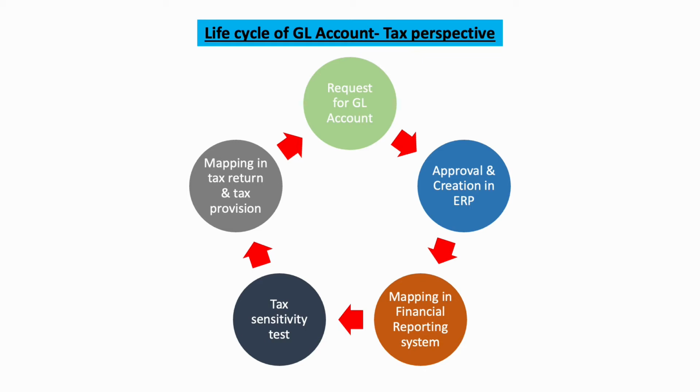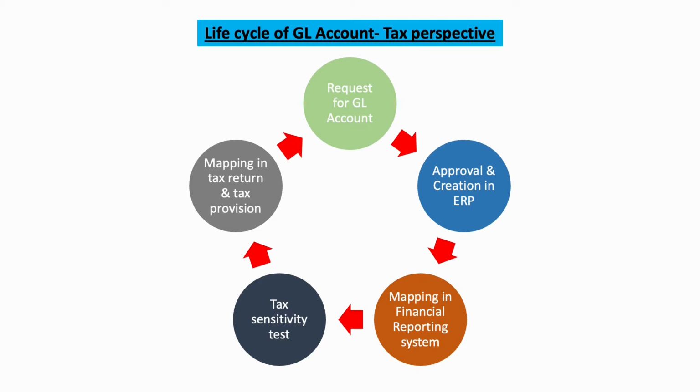The next step is mapping of that newly created GL account into the financial reporting system. So the financial reporting system is the next level of the ERP system. All the data of the ERP system gets reported on the financial reporting system, which could be like Hyperion or Tagetik or any other kind of financial reporting system that your company is using.